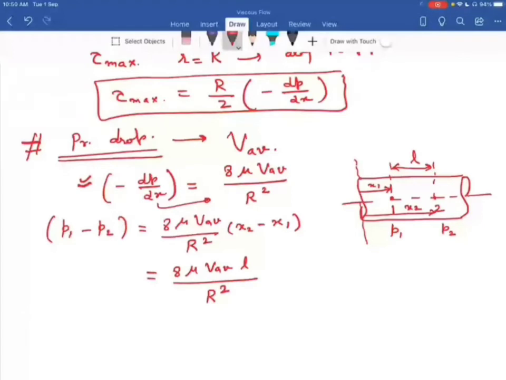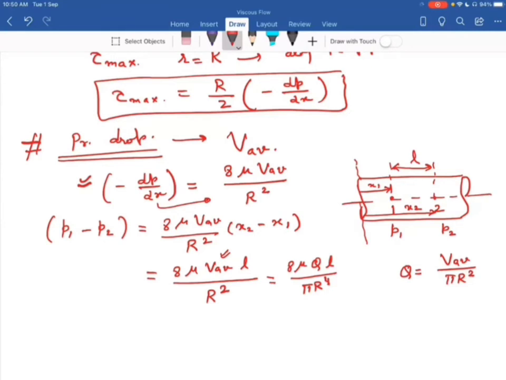Now this is in terms of V average. If I write it in terms of discharge, so discharge Q is V average into pi R square. So multiply by R square, divide by R square. Then you also have to multiply by pi.